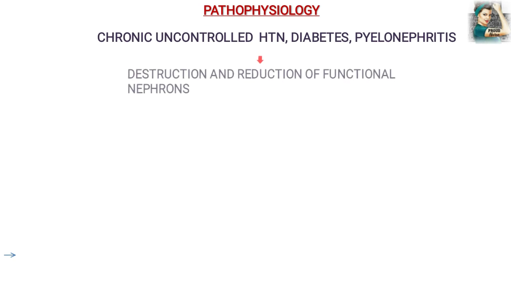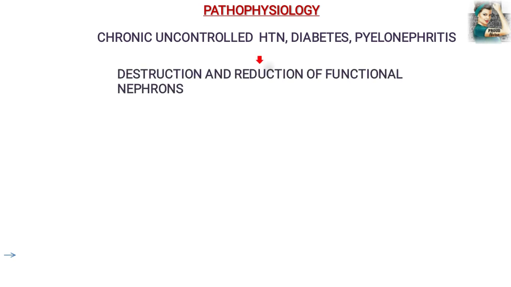Now moving towards the pathophysiology. First, there are some causes that cause chronic kidney disease, including uncontrolled hypertension, diabetes, and pyelonephritis. This leads to the destruction and reduction in the number of functional nephrons in the kidneys. The nephrons are the functional units of the kidneys, and when these nephrons are damaged or their number decreases, the functions of the kidney get impaired.